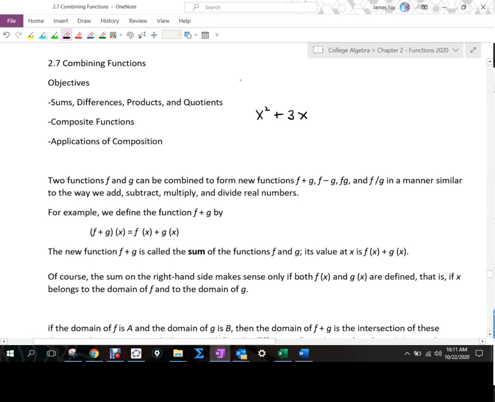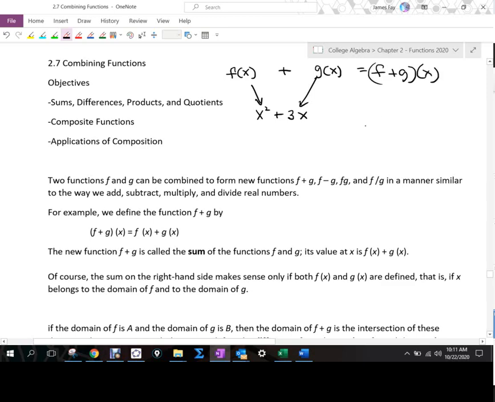So basically what we're saying here is that x squared is actually a function all by itself. We can call x squared f of x. We can just call 3x g of x. And if I add those functions together, we get a function that we call f plus g of x.